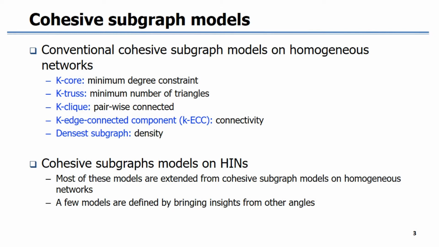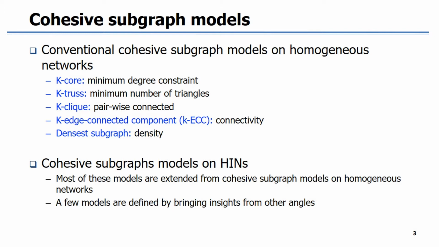Particularly, the K-core model is defined regarding the minimum degree constraint, and the K-truss model regarding the strength of ties between two vertices. K-clique requires every pair of vertices in the subgraph to be connected. The K-edge connected component model focuses on connectivity, and the densest subgraph model considers the density of the subgraph.